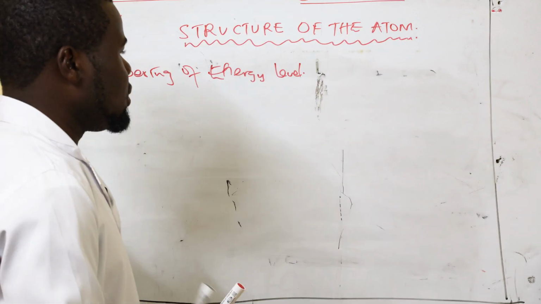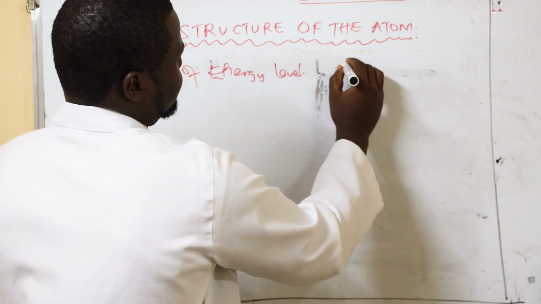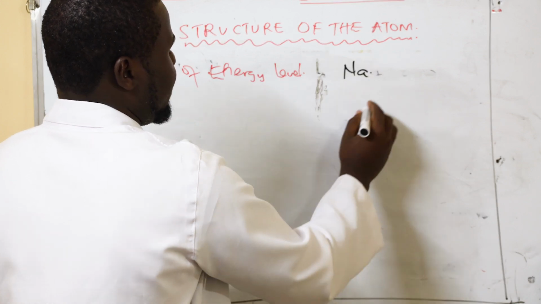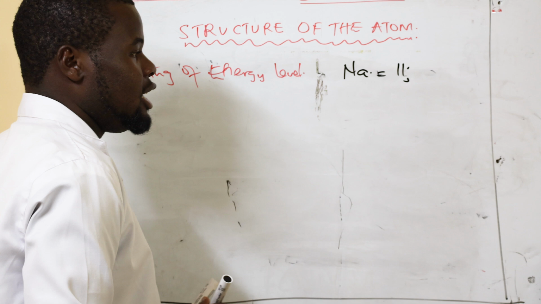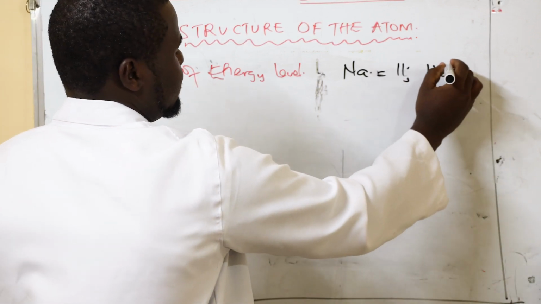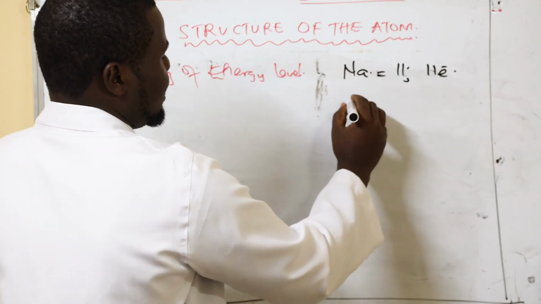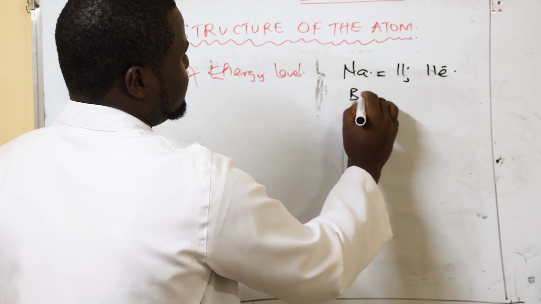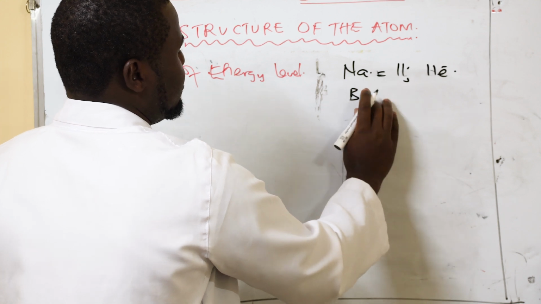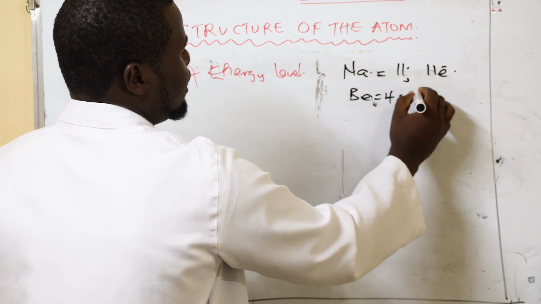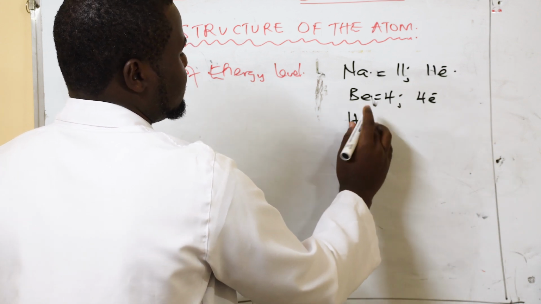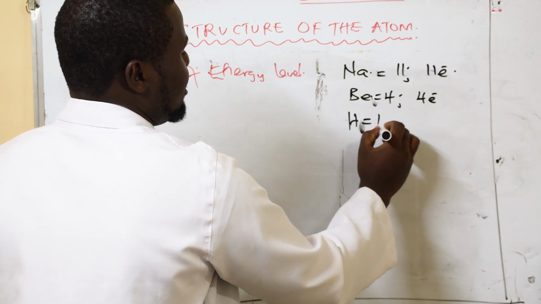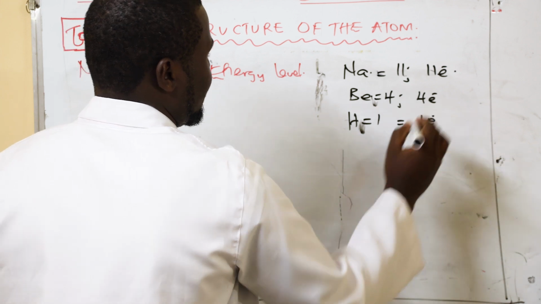For example, I'll use sodium. Sodium is written Na, atomic number 11. That means it has got 11 electrons. I will have another one called beryllium. Beryllium is atomic number 4, having 4 electrons. And hydrogen, atomic number 1, 1 electron.